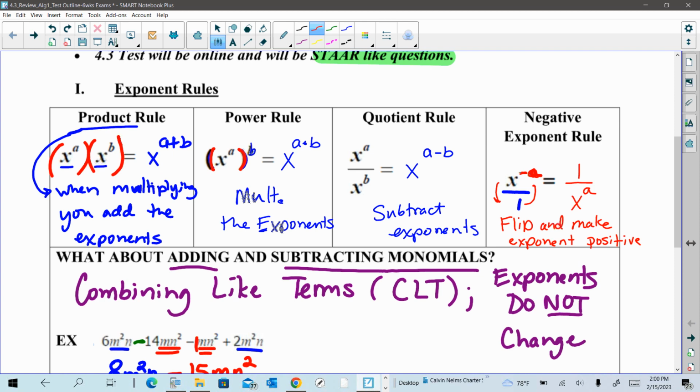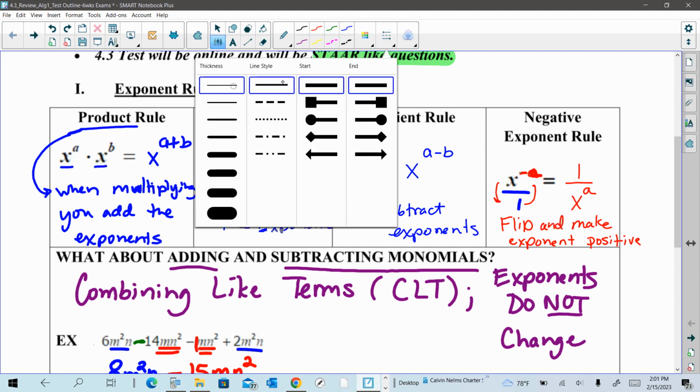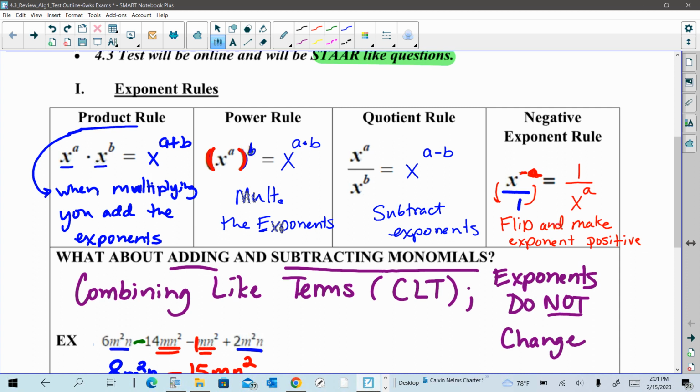So just understand that if you're multiplying exponents with the same base, you have to add the exponents. You had to fill in this rule, which should be the base is x, and then the exponent should be a plus b.